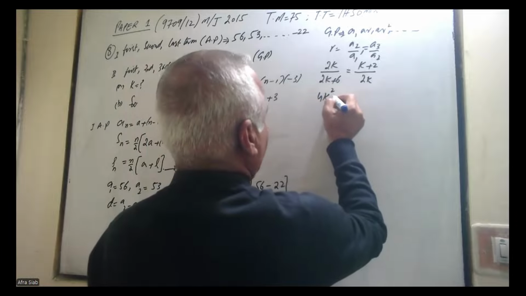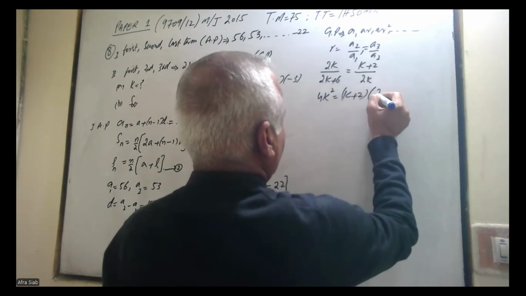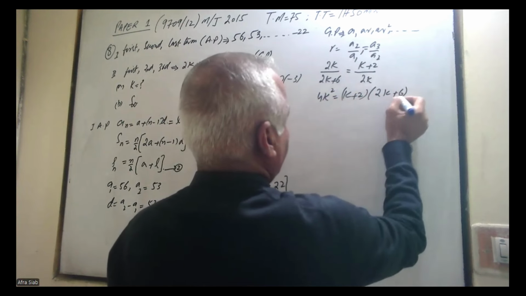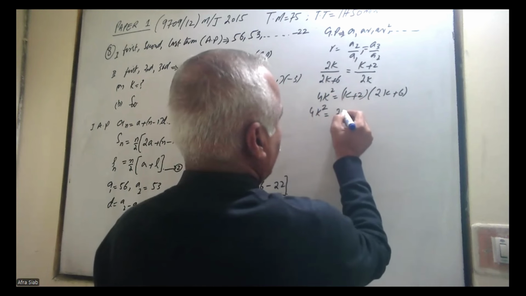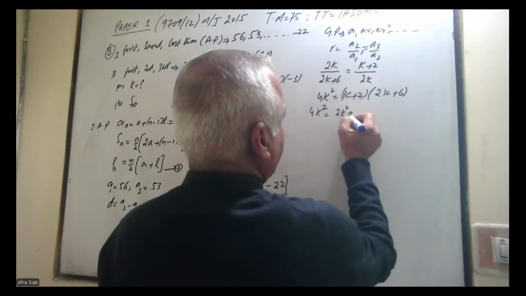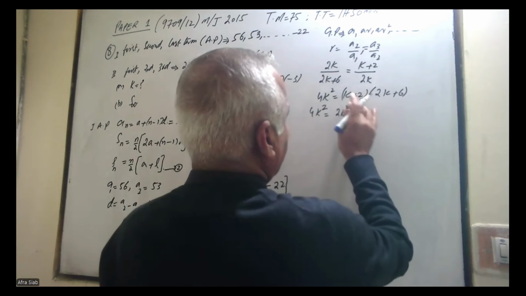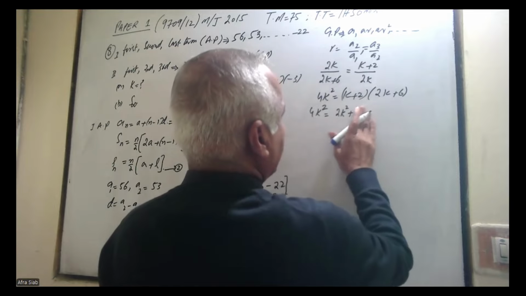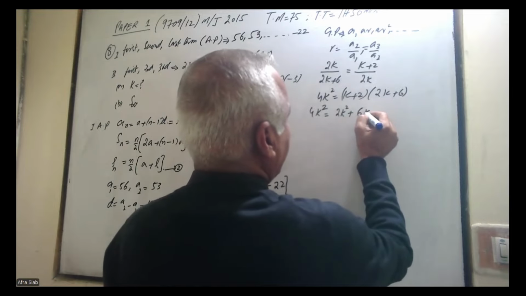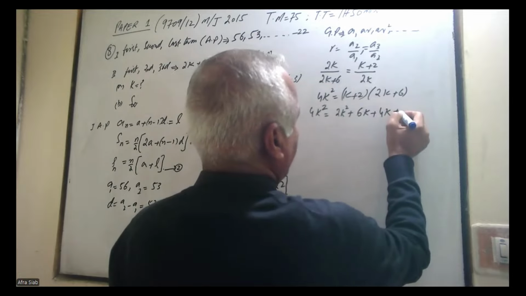So 4k square is equal to k plus 2 into 2k plus 6, or 4k square is equal to 2k square plus 6k plus 4k plus 12.